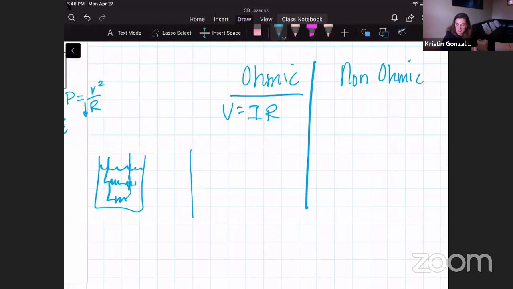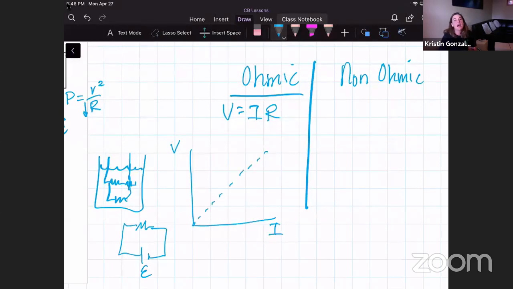If I made a graph with a resistor in a circuit and a variable power supply, changed that voltage, measured the current going through my resistor and graphed the potential difference versus the current, I would get a nice straight line. That resistance is constant no matter what potential difference or current is traveling through it. The slope of that is the resistance.